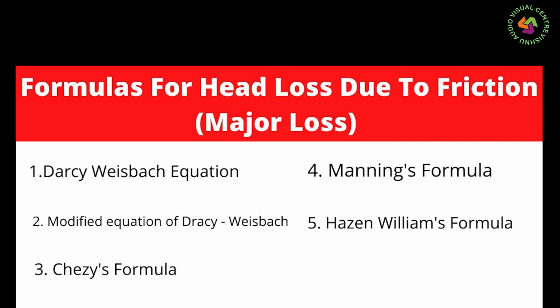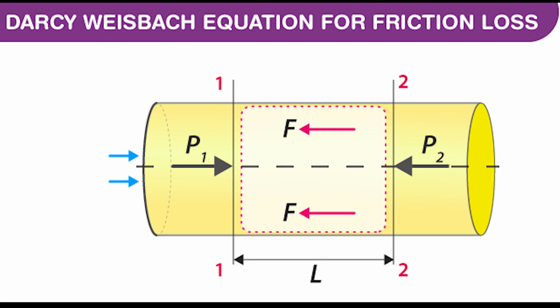However, by making the friction factor f equal to 64 divided by Reynolds number, that is, f equal to 64 by Re, we can use the same equation for laminar flow also.